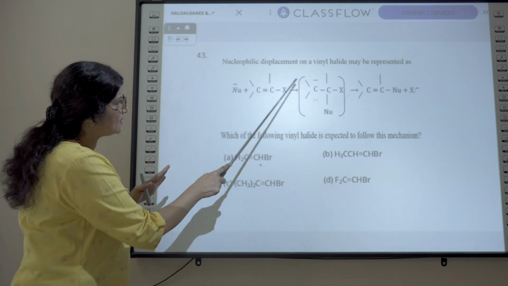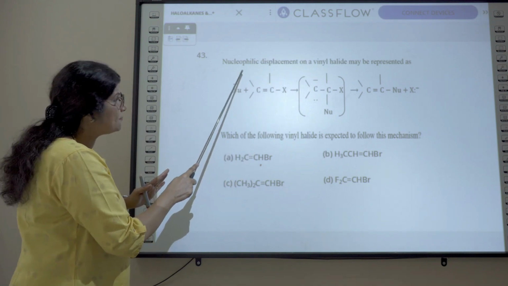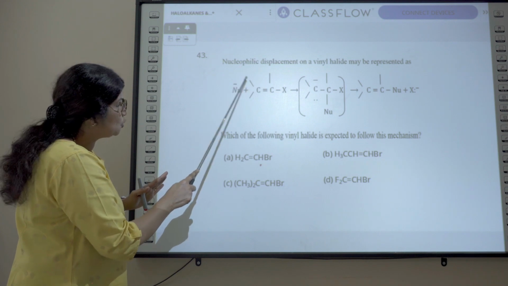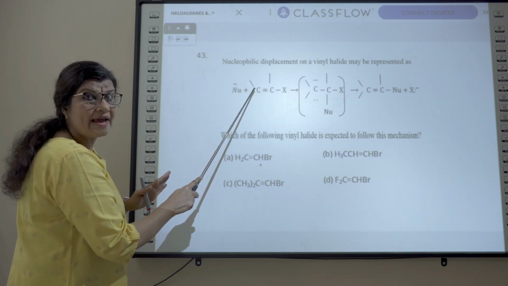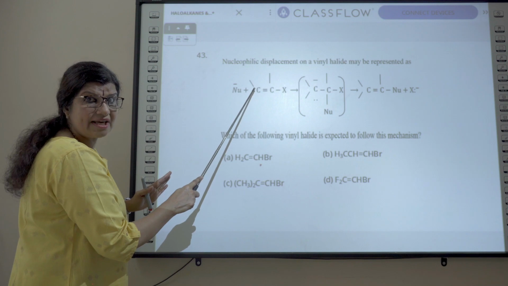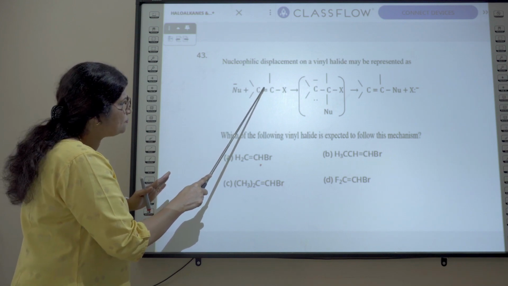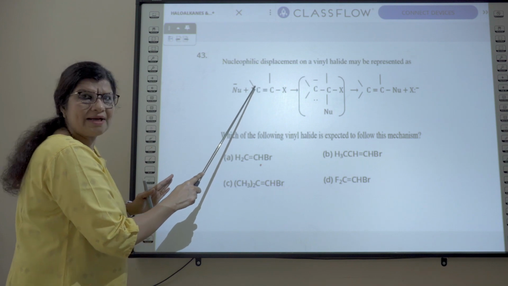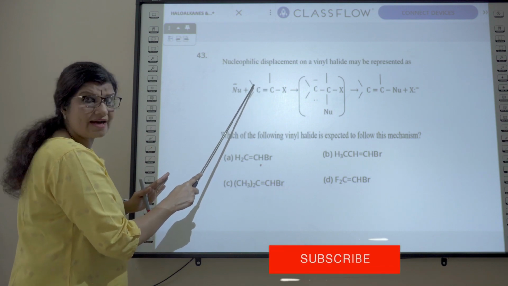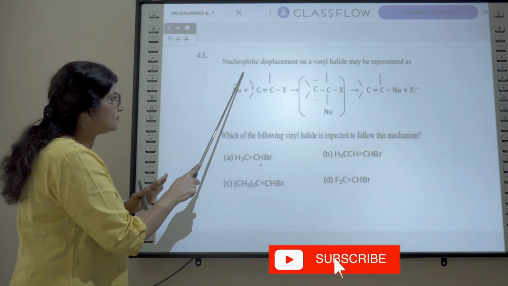Now, imagine a methyl group attached here. What does the methyl group do? It makes this carbon atom more electron rich by pushing electrons towards it. As a result, there is no way that this pi bond will move to this carbon atom, because it has been gaining electrons from the methyl group.